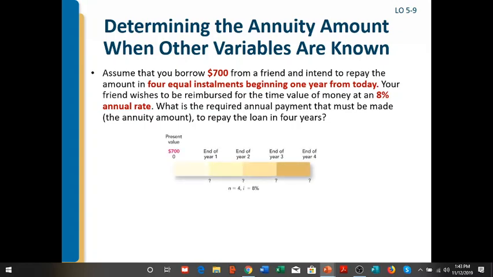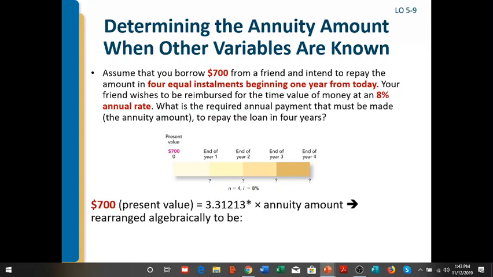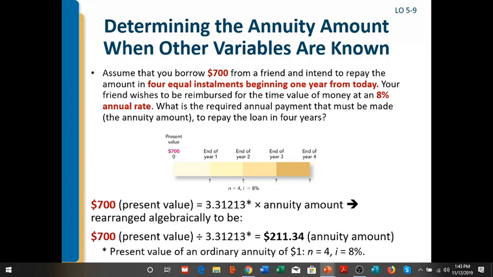And so here you would simply take that information and go to your table 4, present value of an ordinary annuity.